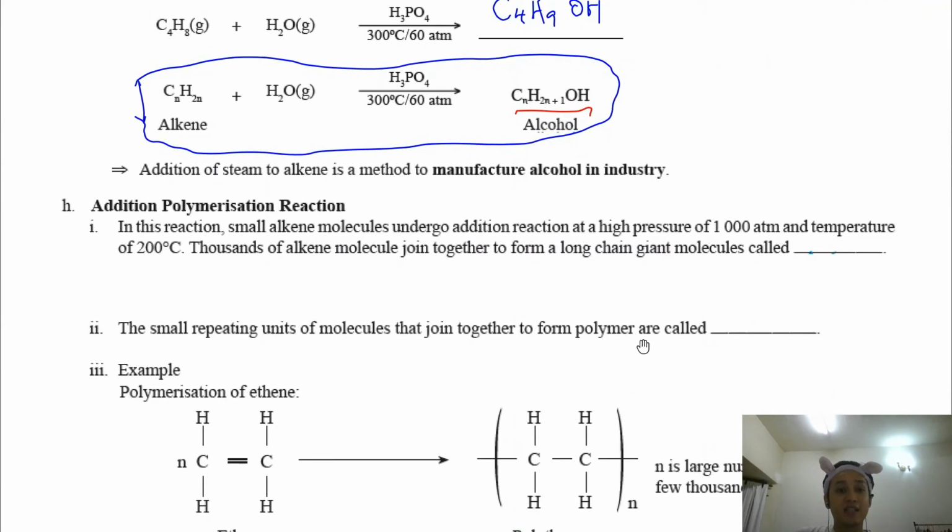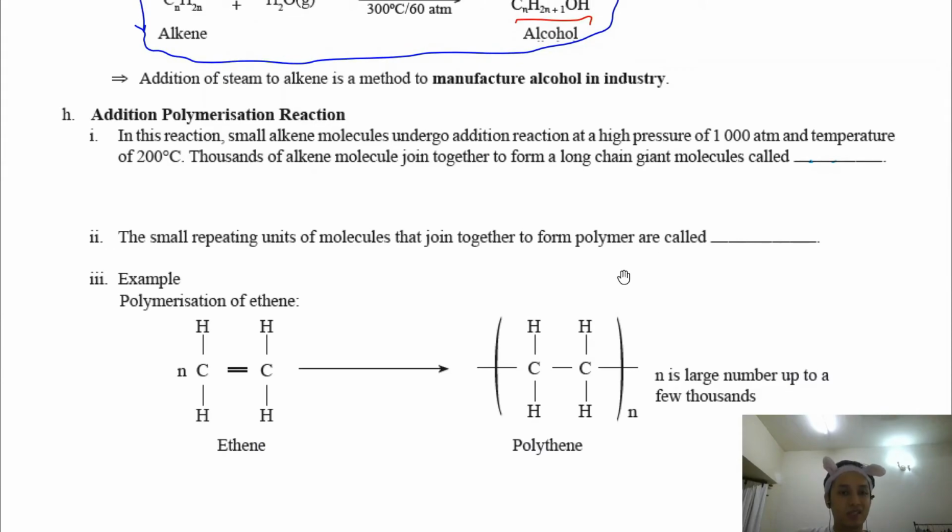Okay, finally, polymerization. Remember that a polymer is a very big molecule, joined together using monomers. Small alkene molecules undergo addition reaction at high temperature.